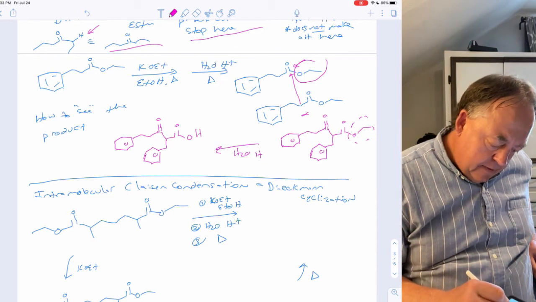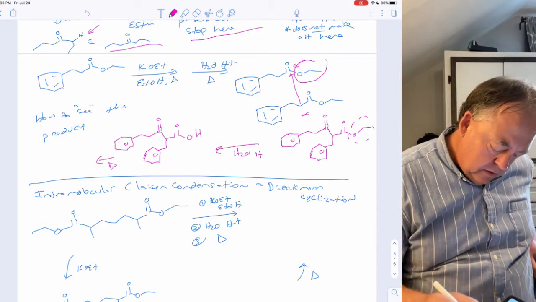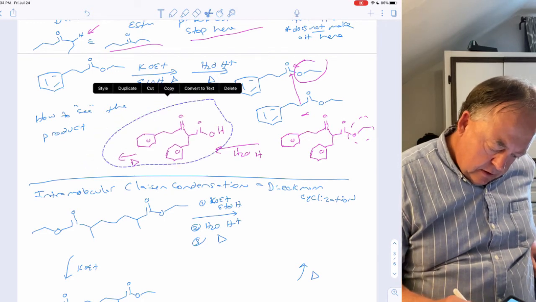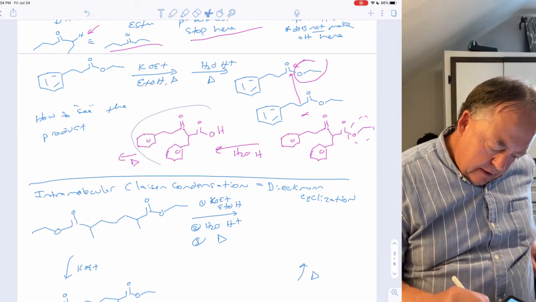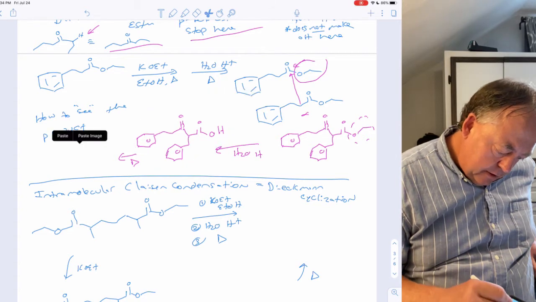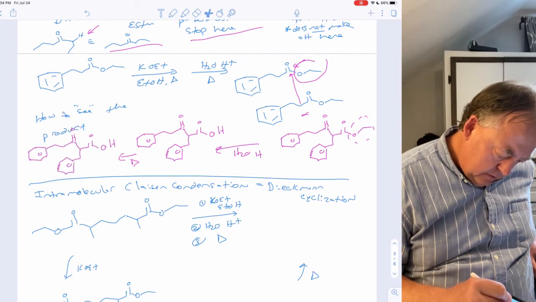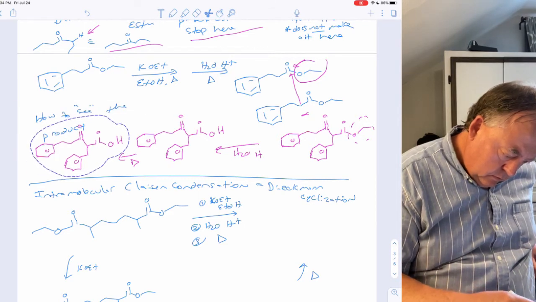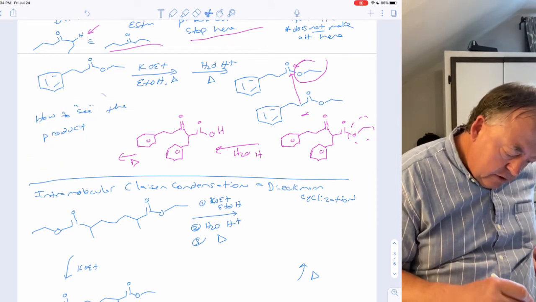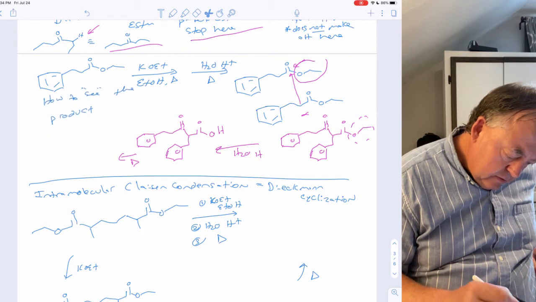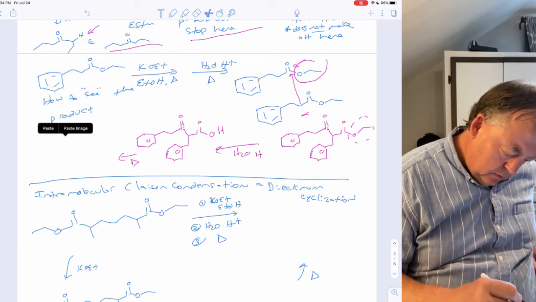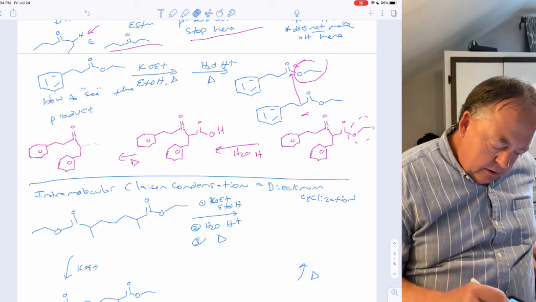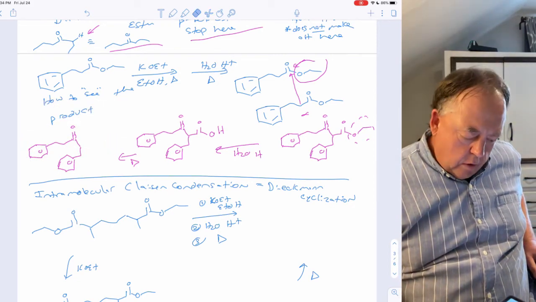And then if you heat that up, so again, if we just copy this, paste it here, let's move this out of the way first. Then that just loses all of this, right? CO2 goes away, and that's your product.